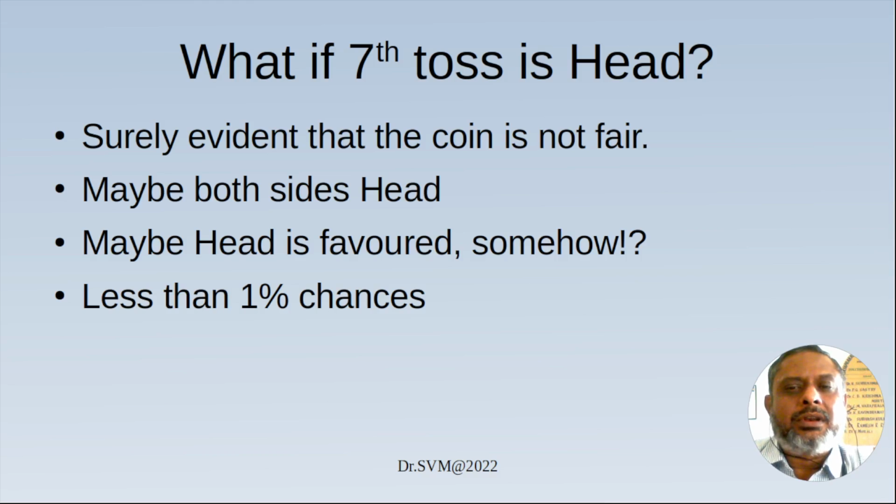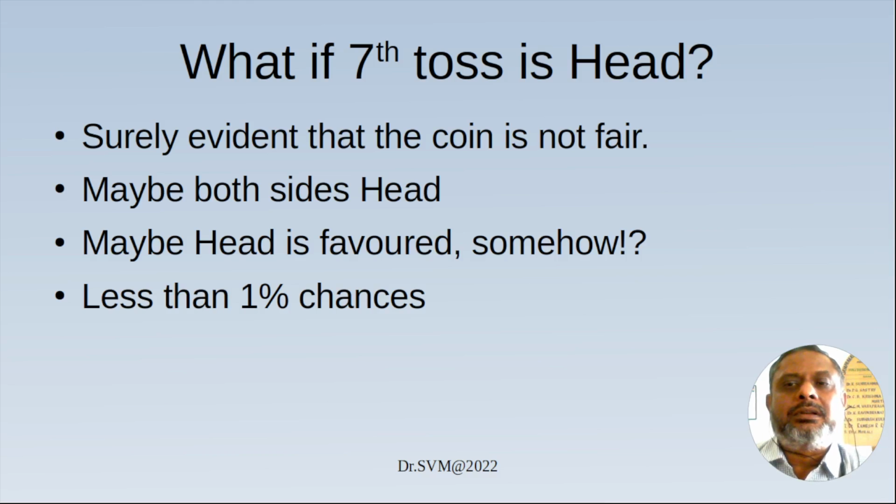Maybe after 7 heads or 6 heads, we can say that the coin may not be fair, so we can reject the null hypothesis. Rejecting the null hypothesis doesn't mean that we can say 100% surely that it is unfair, but yes, the chances of being unfair are very much more than the chances of being fair, and hence we can reject it. So everything is done on a probabilistic basis, nothing is done on an absolute basis.